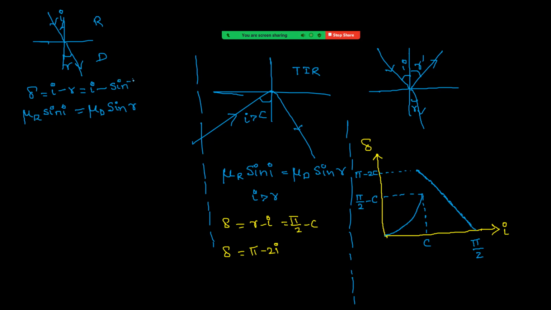Sine inverse, wait, we want to find R, right? Okay, mu rarer upon mu denser, sine I. So we want to plot a graph for deviation as a function of angle of incidence.